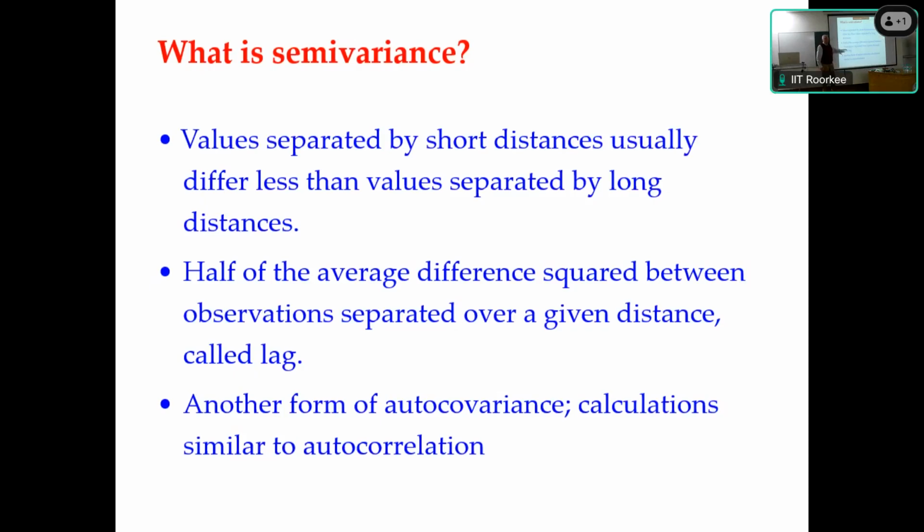And this statement we will see in one of the next slides in formula signs. It is another form of autocovariance, and the calculations, the procedures are very similar to autocorrelation. One big difference: autocorrelation is mostly used for serial data, so for transect data or time series data, one-dimensional data.